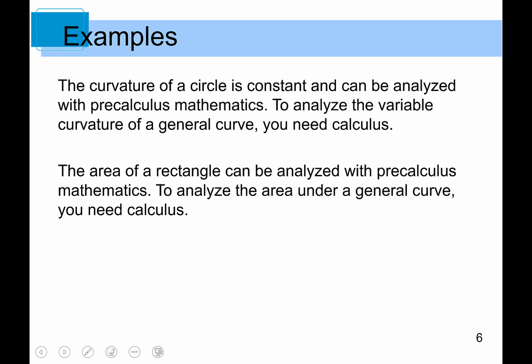The curvature of a circle is constant and could be analyzed with pre-calculus. To analyze the variable curvature of a general curve, you need calculus. The area of a rectangle could be analyzed with pre-calculus, but in order to analyze the area under a general curve, then you need calculus.